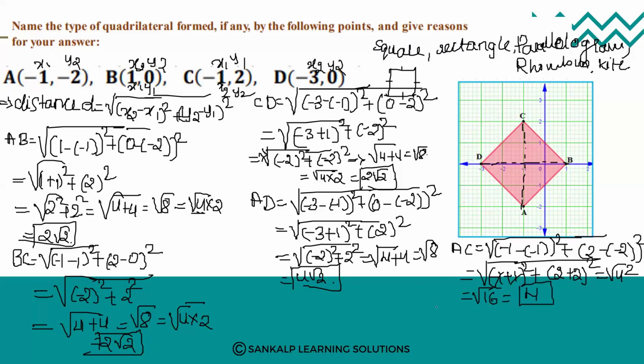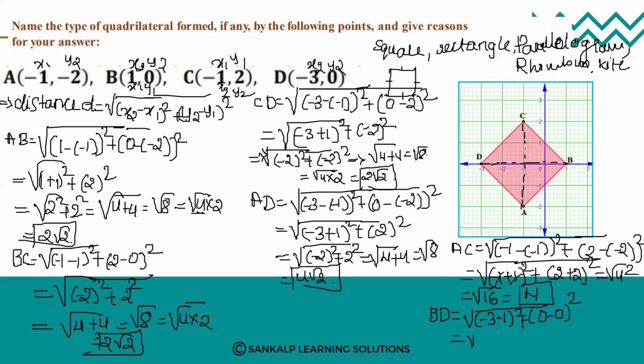Now find out the value of BD. Okay, BD is also a diagonal. So to find BD, considering B to D, this is x1 y1 and this is x2 y2. Therefore the x2 value is minus 3 and the x1 value is minus 1 whole square plus the y2 value is 0 minus 0.